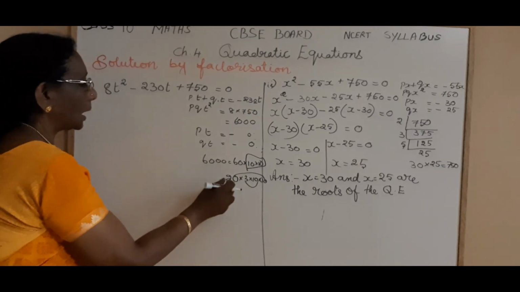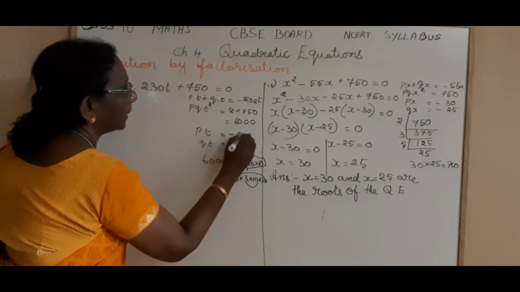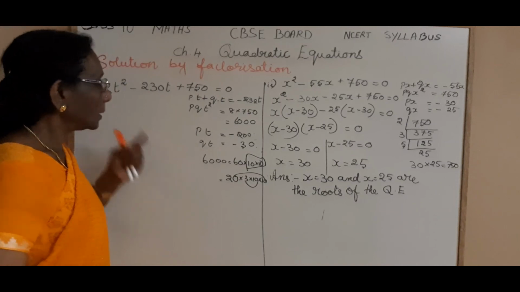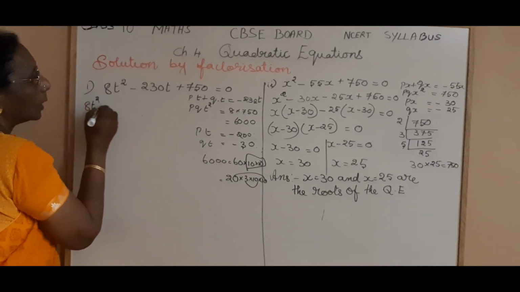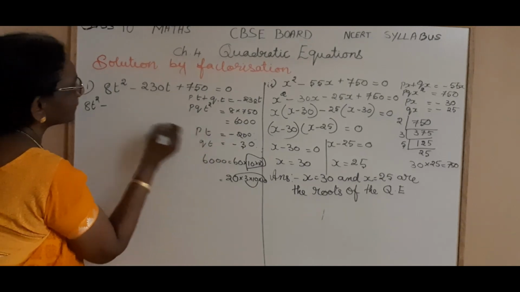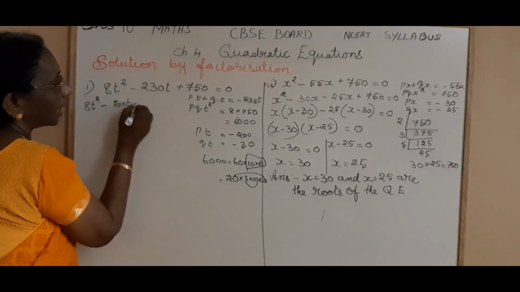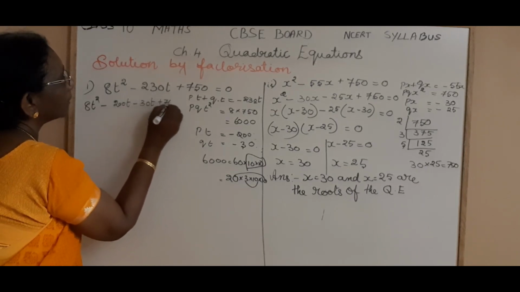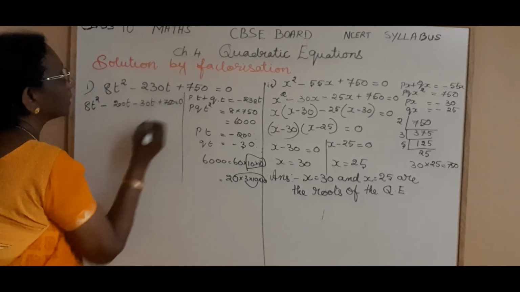Okay, so here, have you understood? So this is 20, 200 and this is 30. Have you understood, children? So now here 8t square minus 200t minus 30t plus 750 equals 0.